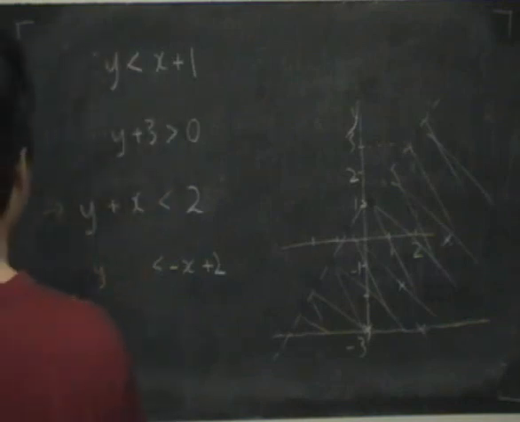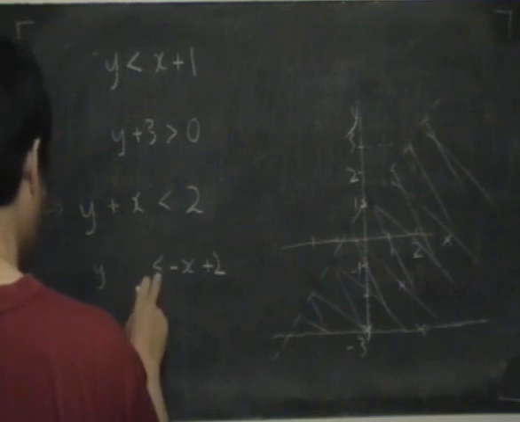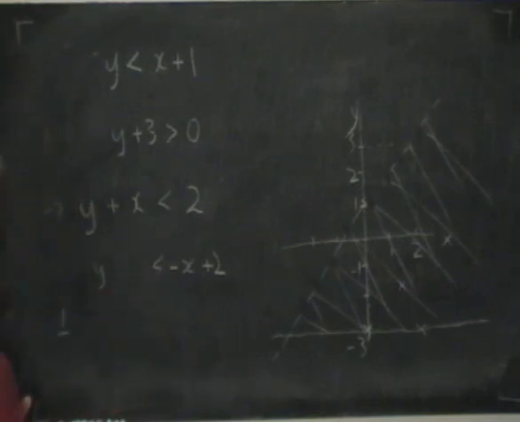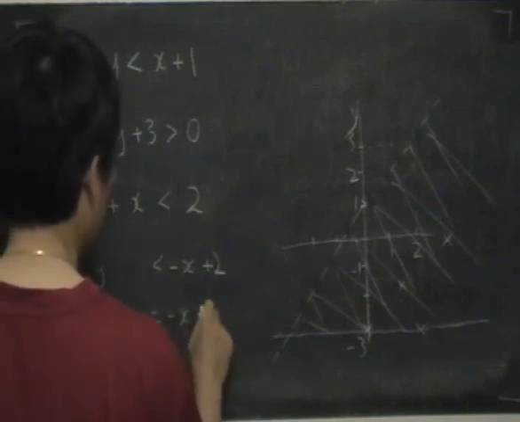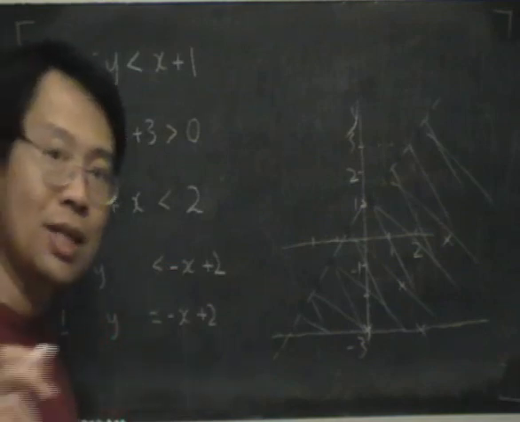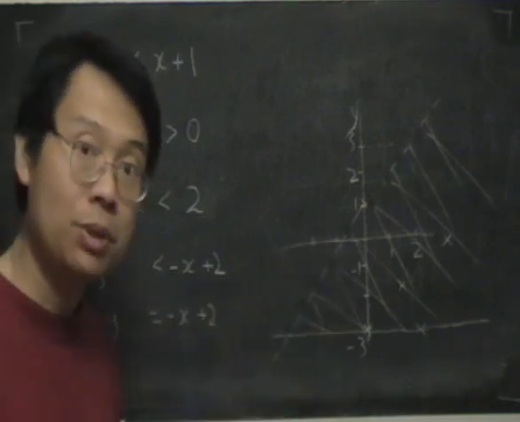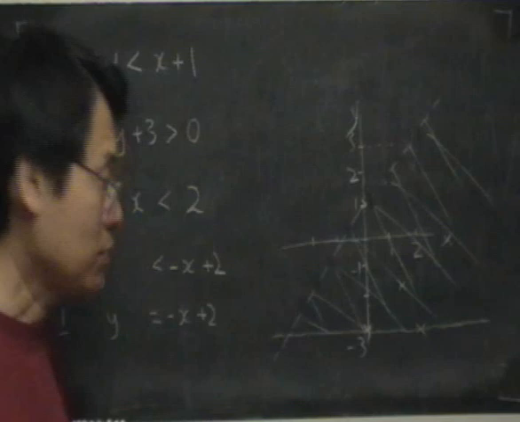In the next step, I will replace the inequality by an equal sign to make an equation. y equals minus x plus 2. So that's a straight line equation. So you have already seen two examples. You know that I now want to plot a graph of this straight line.